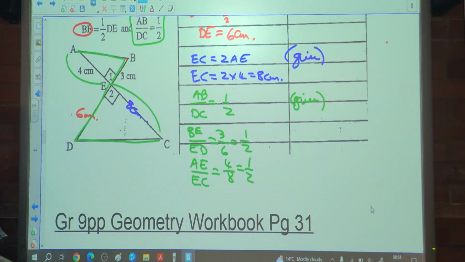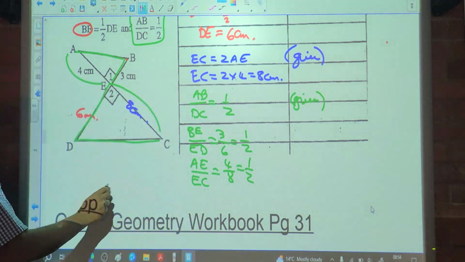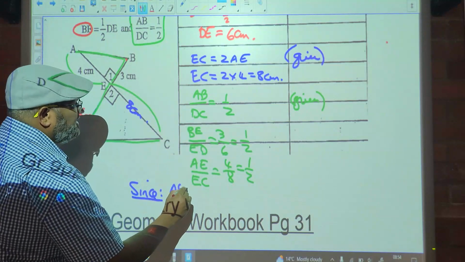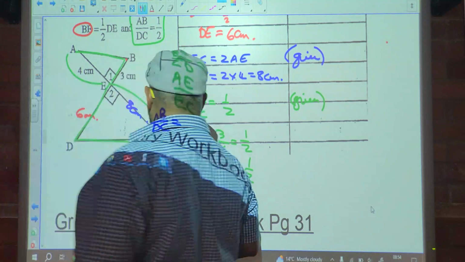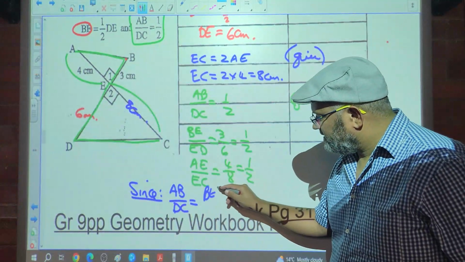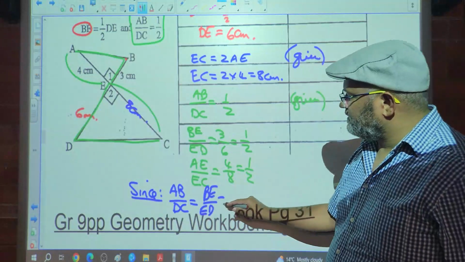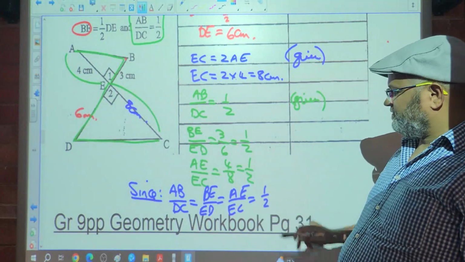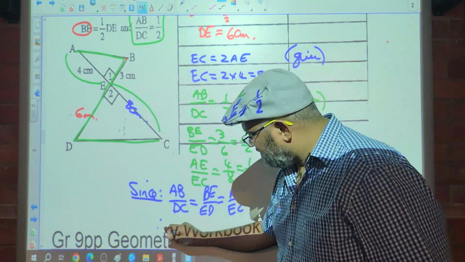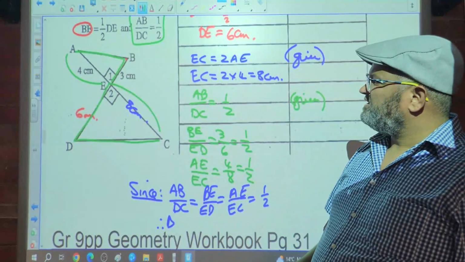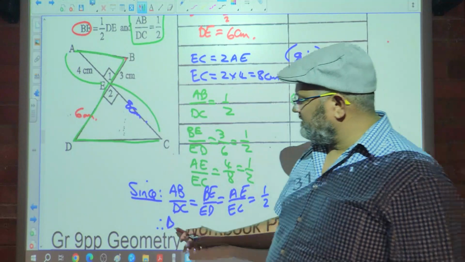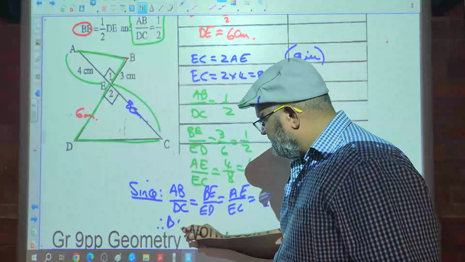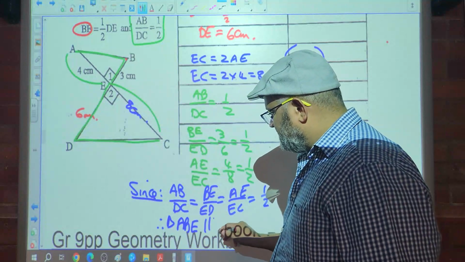What do we say? Since AB over DC is equal to BE over ED equals AE over EC, therefore triangle ABE is similar to triangle CDE.